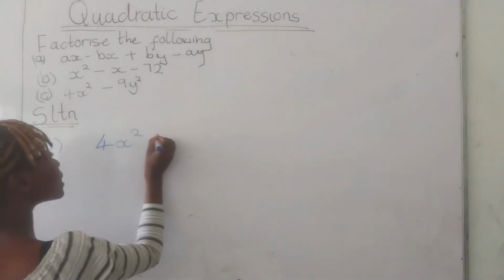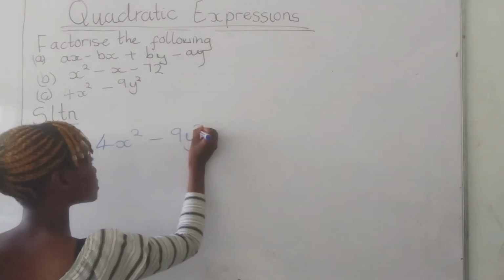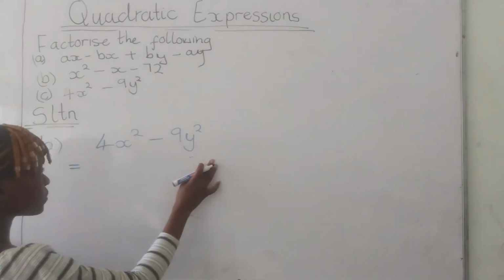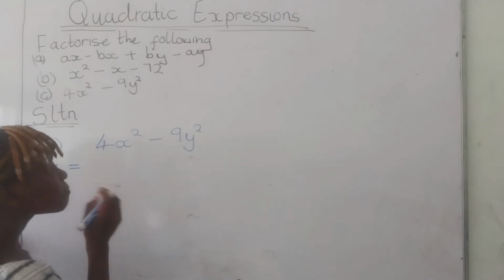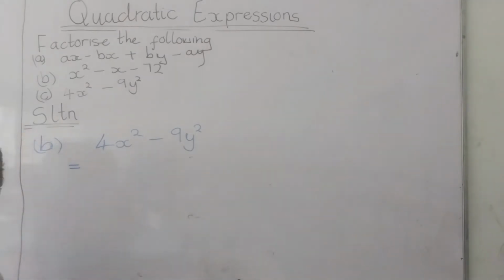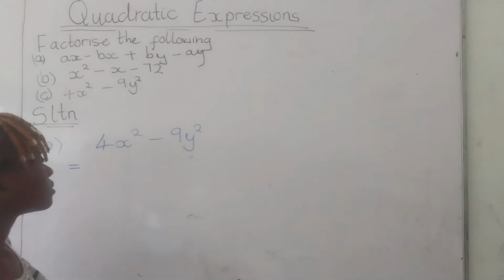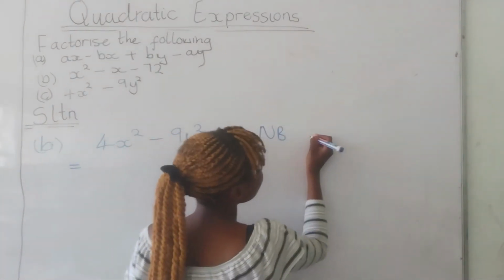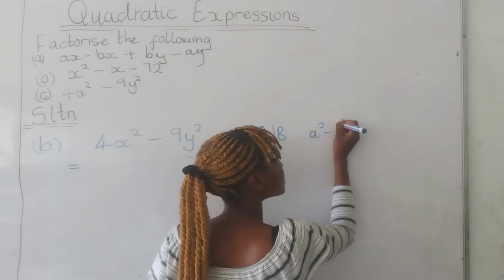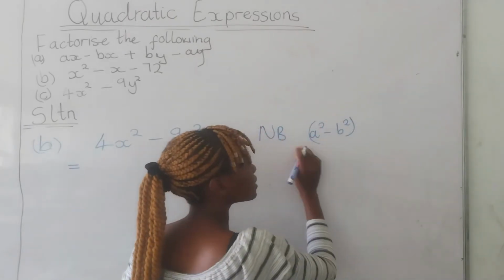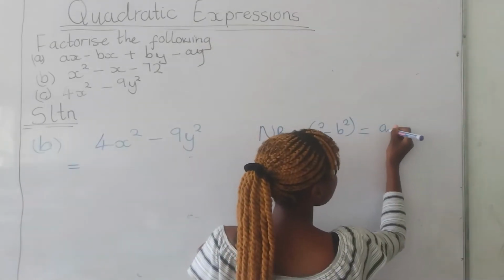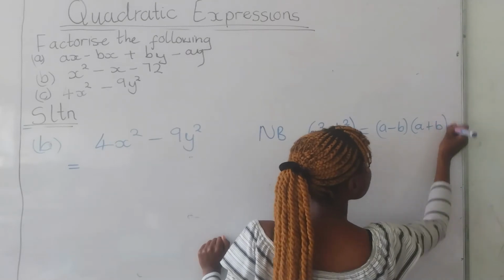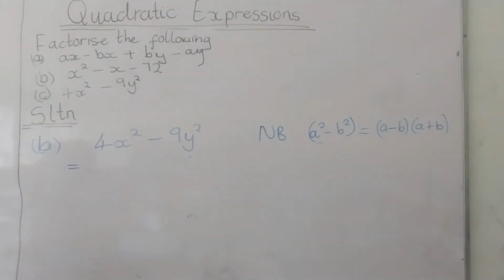4x squared minus 9y squared is equal to, we simplify this part. Remember, note that a squared minus b squared is the same as a minus b times a plus b.